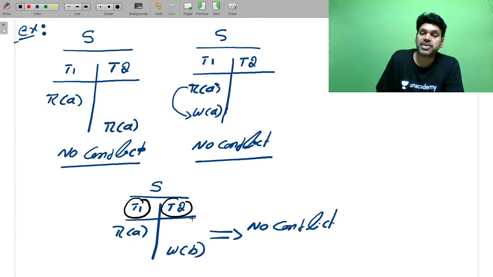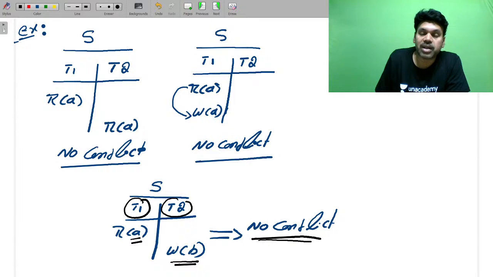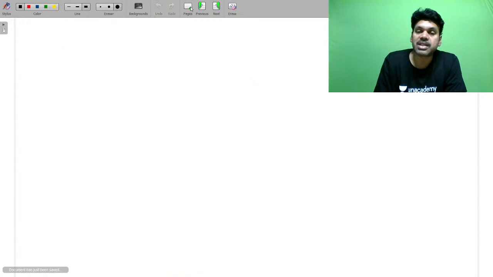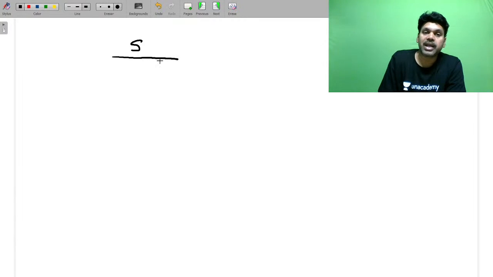The object must be shared and one action must be a write. But here transaction 1 is using object A and transaction 2 is using object B, hence it is not going to be a conflict. So conflict, in the sense, should be such that the object must be the same, with a minimum of two transactions, and one particular action must be a write, like this.